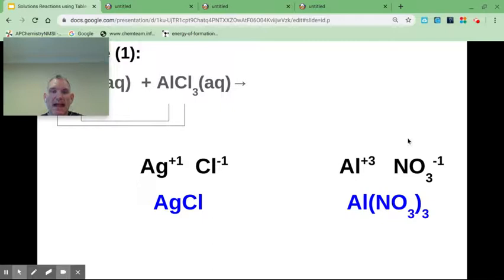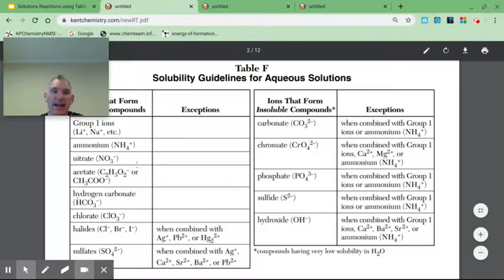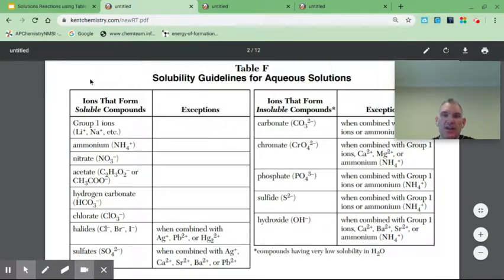So now the last thing in this scenario is then to look up AgCl and AlNO3 on table F. So AgCl first. Remember, on table F, these items are soluble, right? And notice Cl is soluble except with Ag.